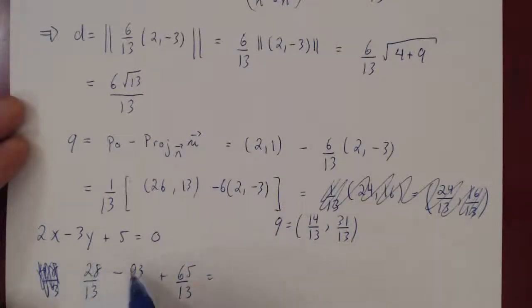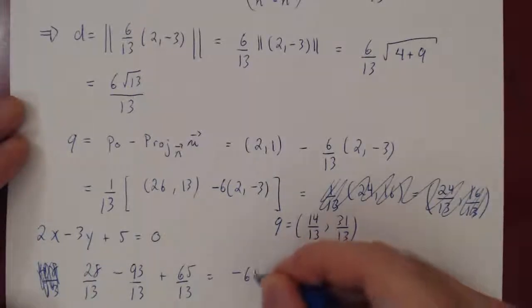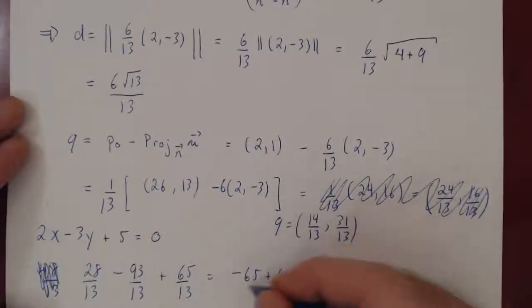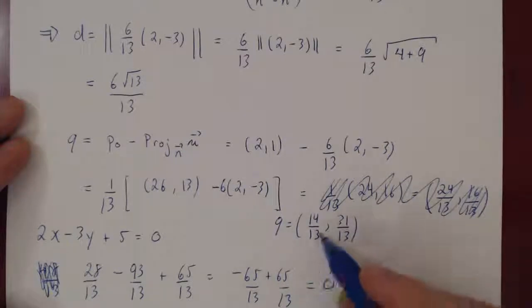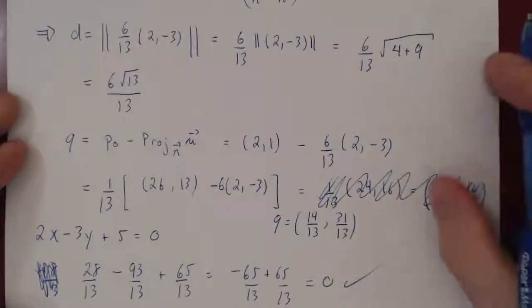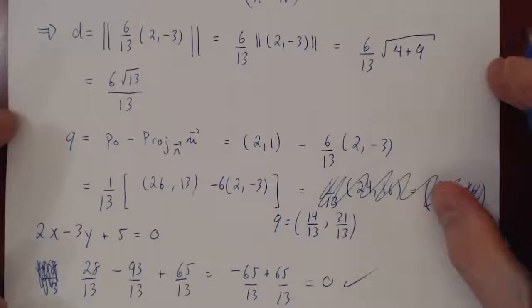But 28 minus 93 is negative 65. So you get negative 65 plus 65, both over 13. And of course, you get 0. And now, you know that you have the right point on L that lies closest to the point P naught.